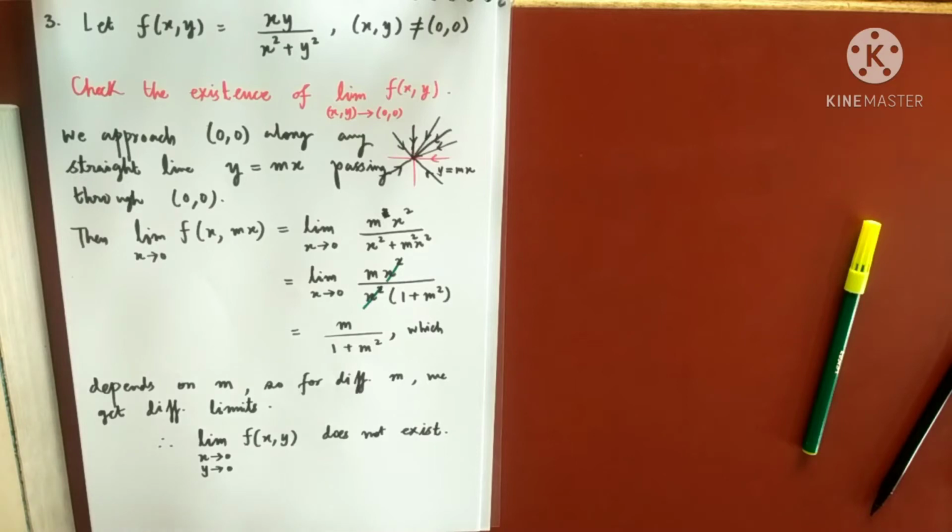So in that case, again, no conclusion can be made. You have to take another path to check. Suppose you take a parabolic path, y equals to x square or y equals to mx square. So that way you have to go. There is no way to decide why I am choosing this path and not that path, and so on. But always start with the x-axis, then y-axis, then lines, then parabola, and so on.